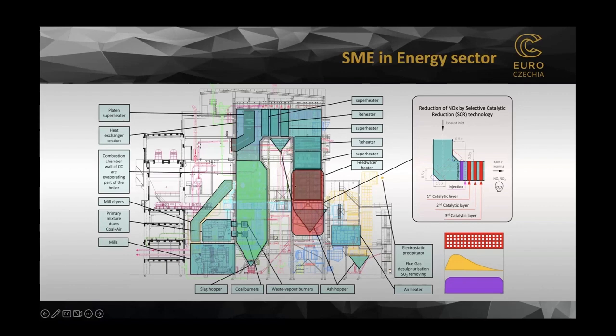Their solution is to put catalysts into the exhaust pipe, to reduce the oxides and dioxides, which must be kept under a certain limit to be safe. You can see on this small picture that there could be one catalytic layer, two catalytic layers, or three layers.